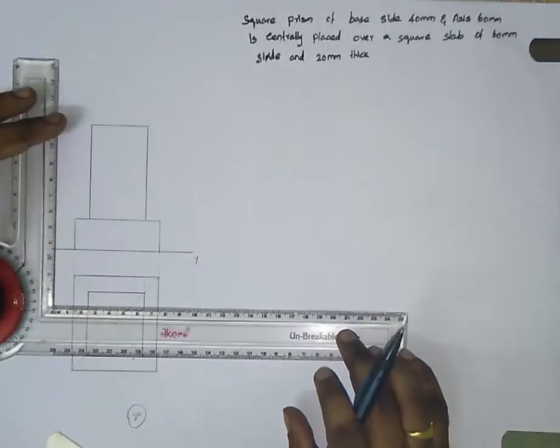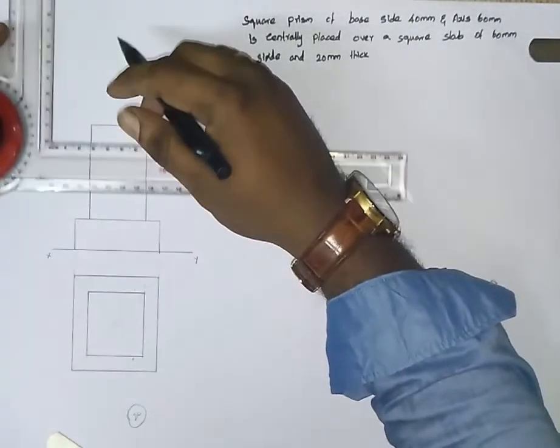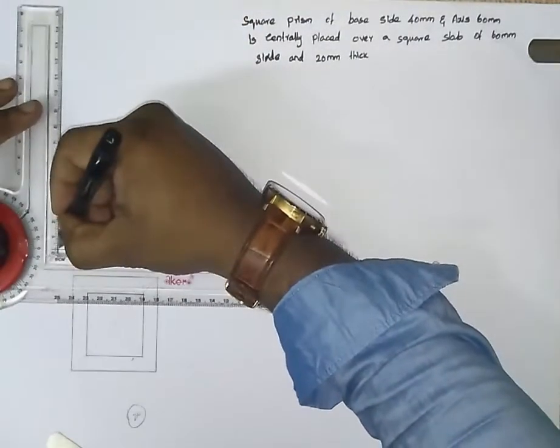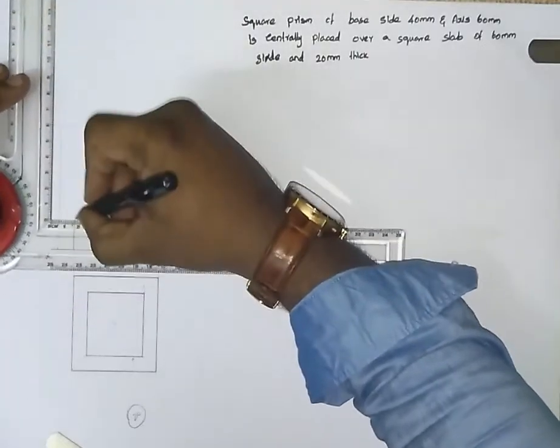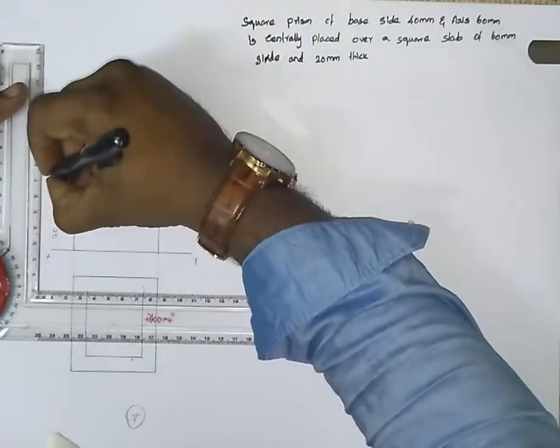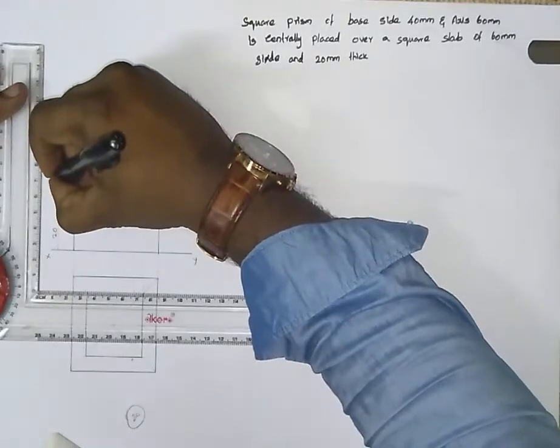Okay, this is your simple position. Now complete the dimensioning here. The height of the slab is 20 and the height of the square prism is 60.